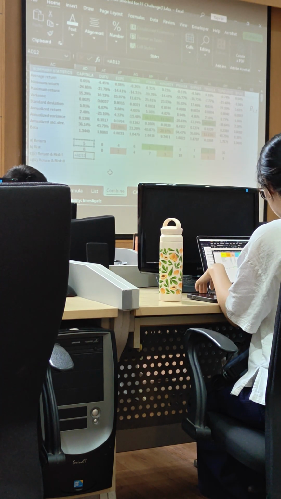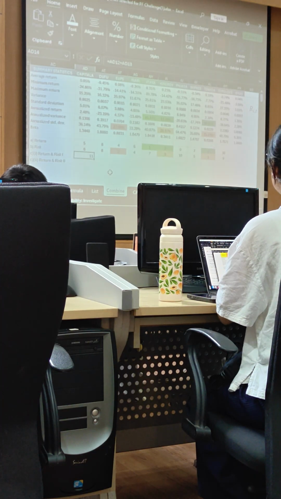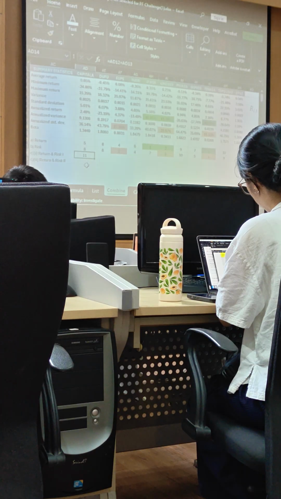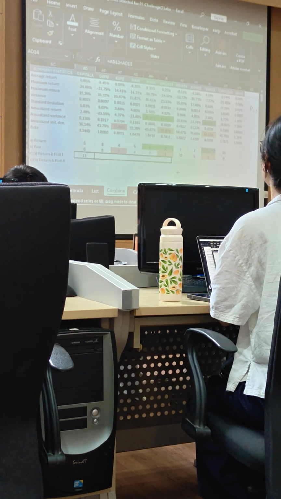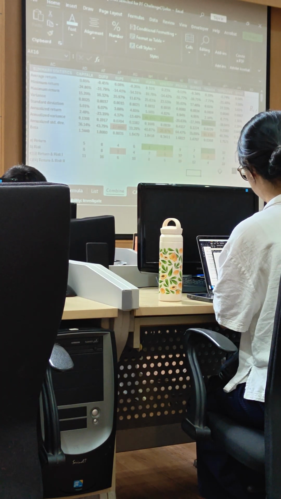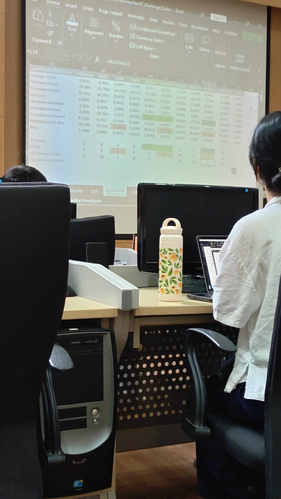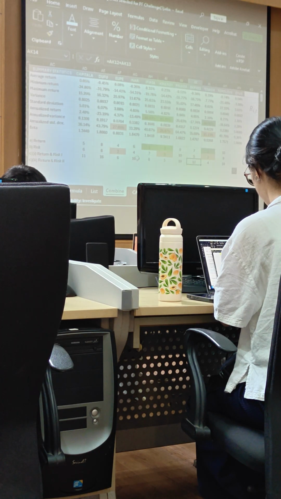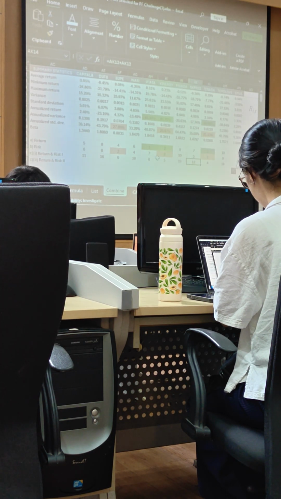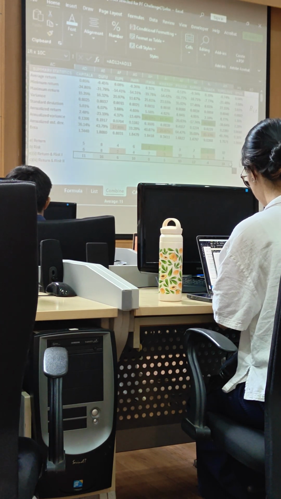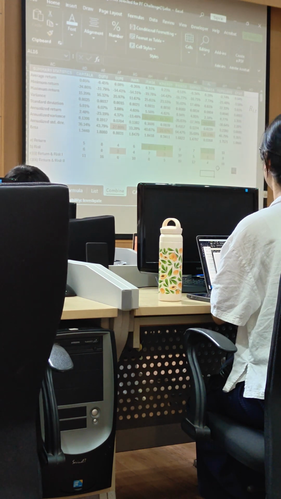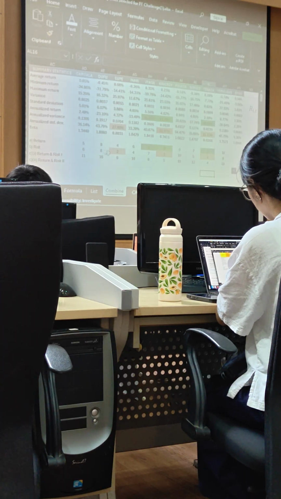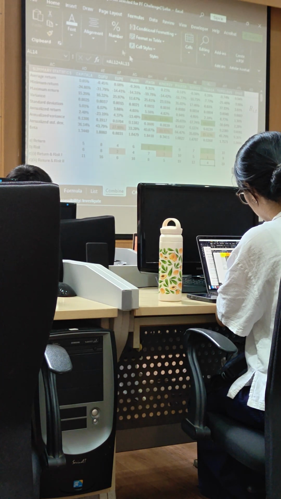You just add these two: ranking for return and ranking for risk. You sum these two up, and then you drag to the right. So we know that it is just the sum. So 9 plus 10 is 19, and so on. Based on the one that we add up, we need to choose those with the 3 lowest numbers. So what is the lowest one? Definitely B.